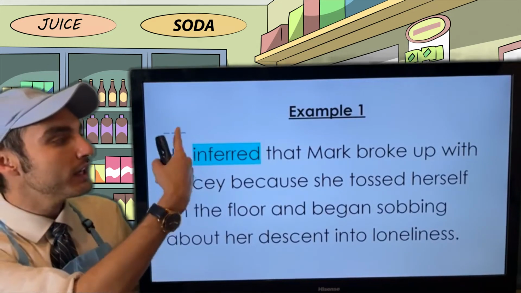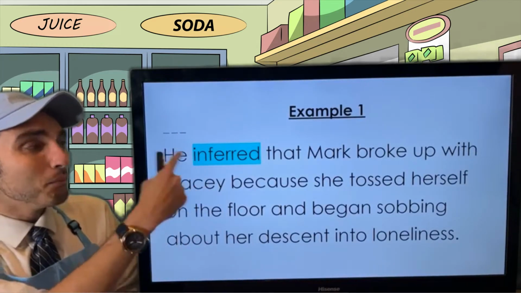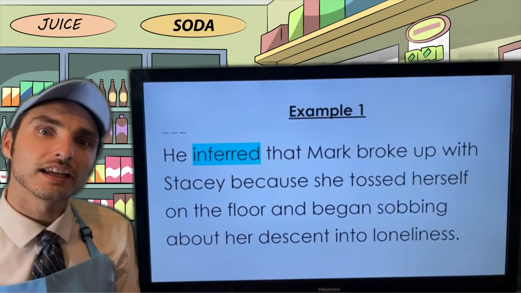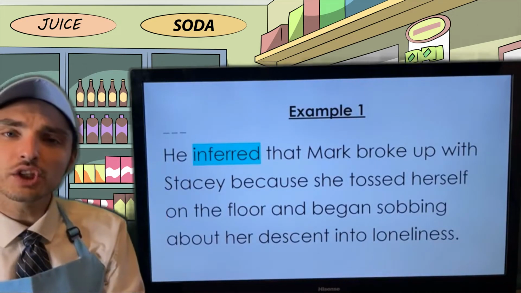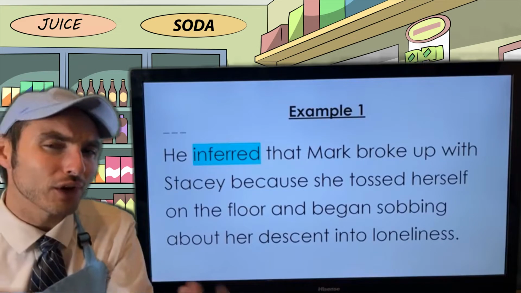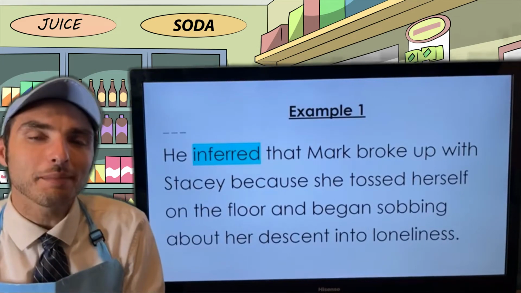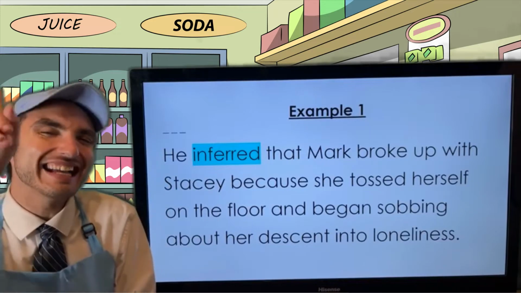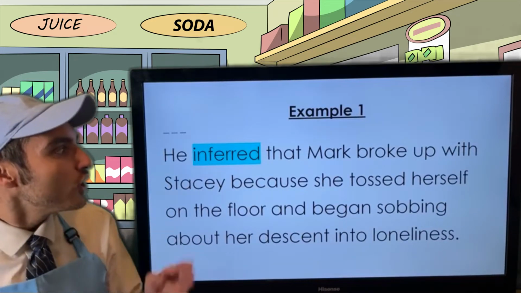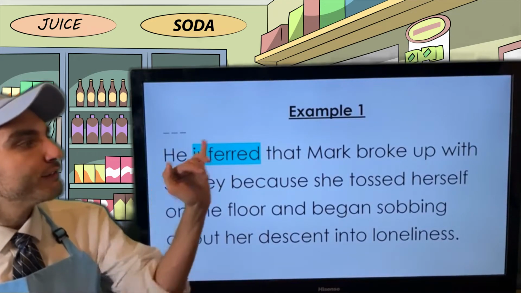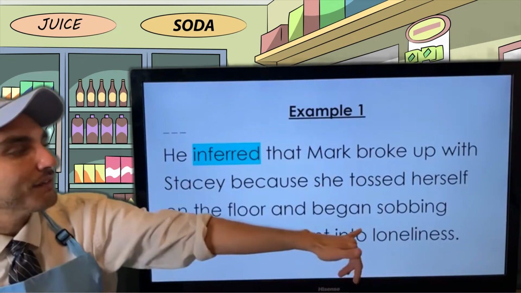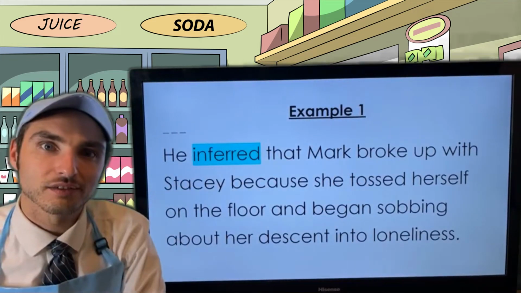He is coming to a conclusion that Mark broke up with Stacy. How did he come to that conclusion? How did he infer that? Well, she tossed herself on the floor and started crying about her own loneliness. I do that all the time. So, here, he inferred this because of this evidence.